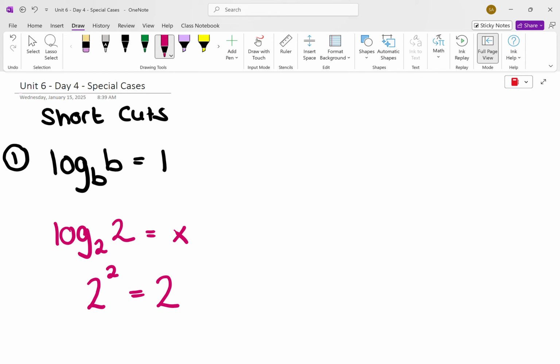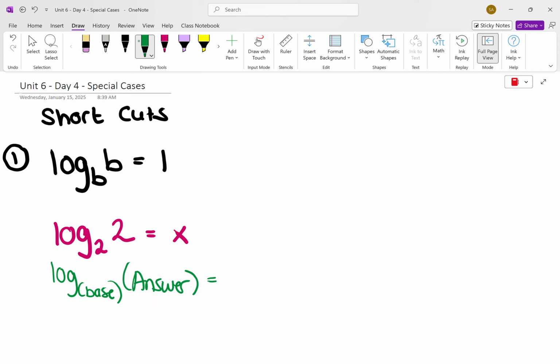Log, base, answer equals exponent. So when you put this back, this is going to be 2 to what power equals 2?